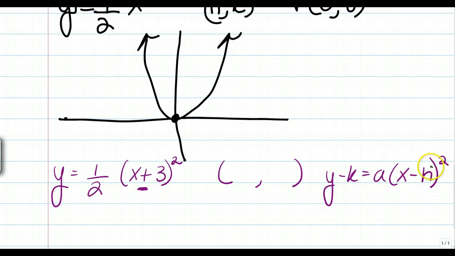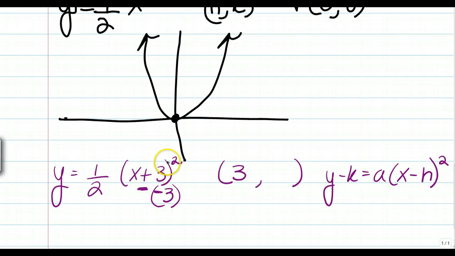So I want to know what just h is. So in my equation, if this is a minus, how would I make it a plus? Well, I would have to have a negative number here. So this has to really be a negative 3 for my value of h, because a negative and a negative become a positive. So in order for this to turn into a plus, this guy must be the opposite sign.